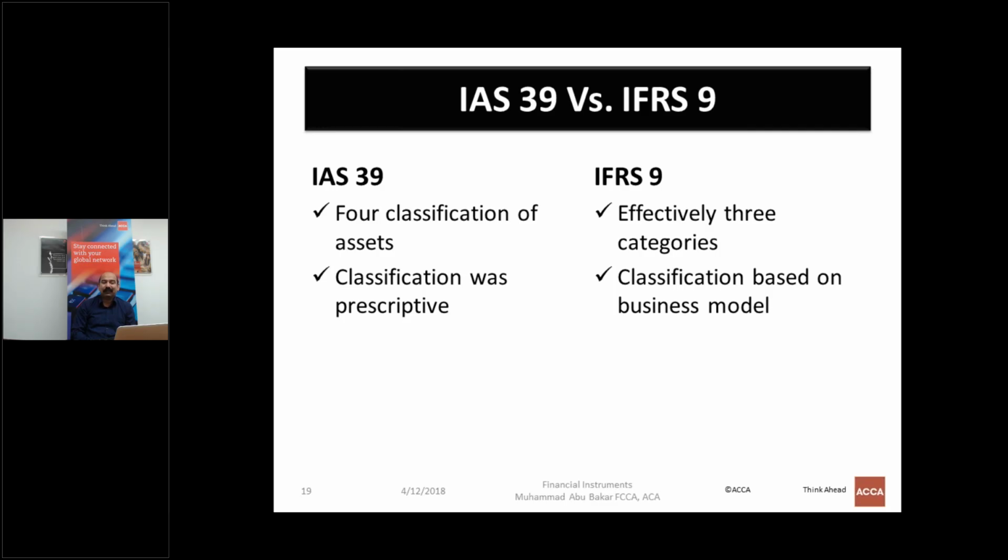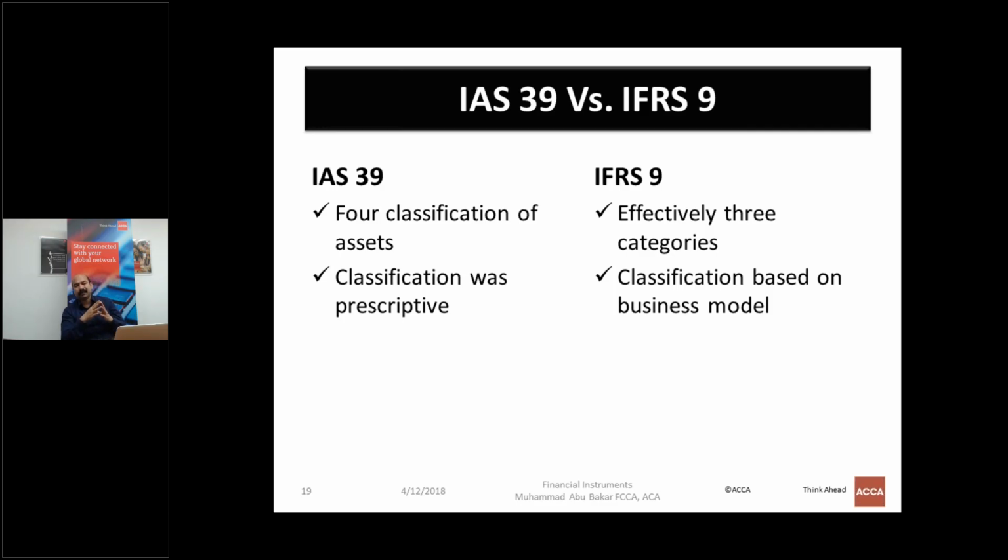So for example, where you hold assets with both the intention to collect the contractual cash flows, but you also focus on how to collect the cash flow first, but also to sell them as well. Then this will be your classification.